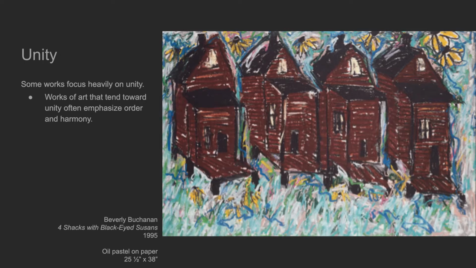This artist is one of those outsider artists with a mental disability, but there is a huge market for outsider artists, including folk art as well, and she is one of them.